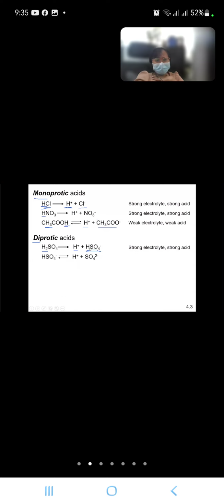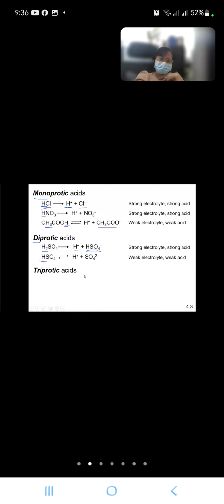And then when hydrogen sulfate is ionized, kay naay isa ka hydrogen ang pwede ma-ionize sa iya, it will produce hydrogen ion and the sulfate ion. Okay? Now this time, hydrogen sulfate ion is a weak electrolyte because it is a weak acid.